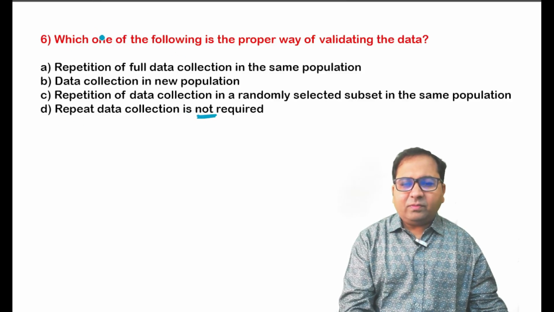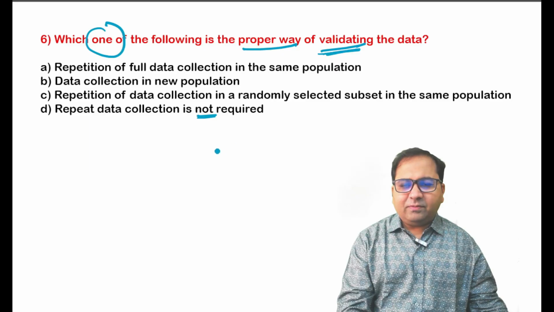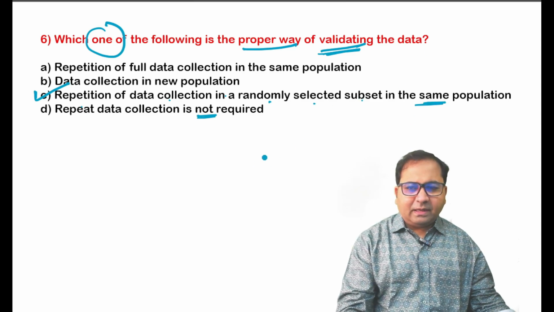So of the options given, option C, that is repetition of data collection in a randomly selected subset in the same population, is the proper way of validating the data.